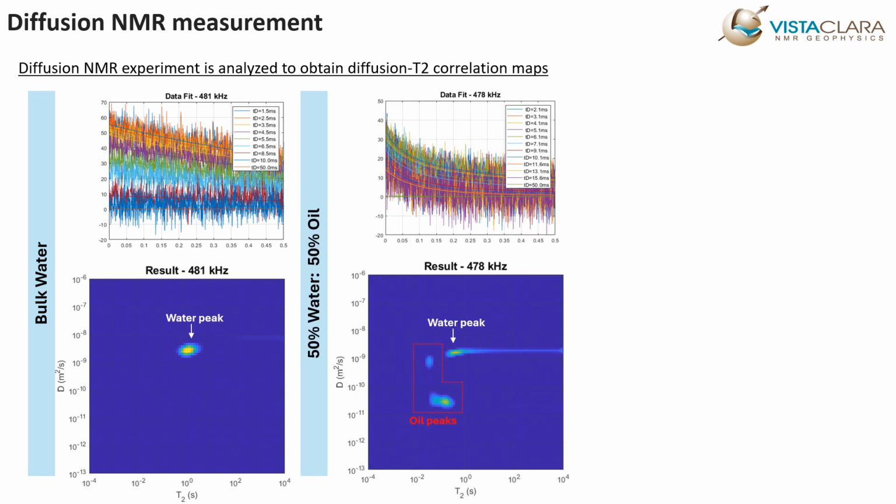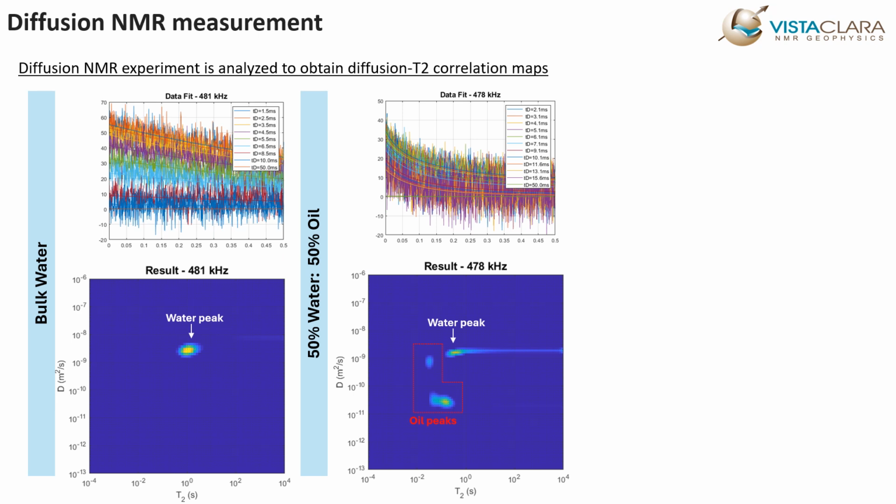In case we have a system of sand saturated with 50% water and 50% oil, we of course see that the signal decay changes quite a bit as we increase our diffusion time.